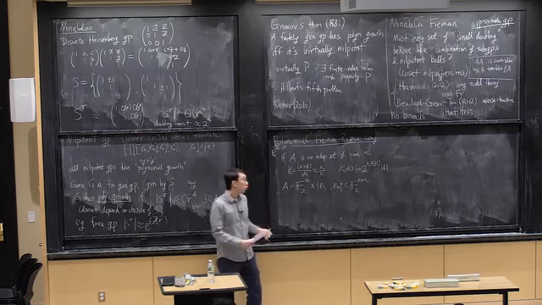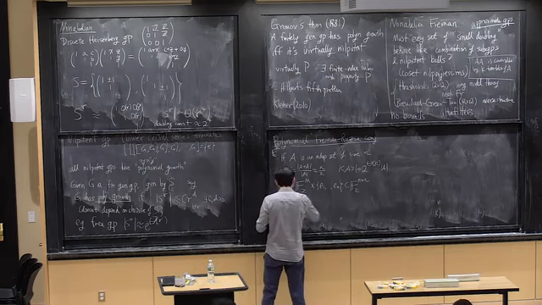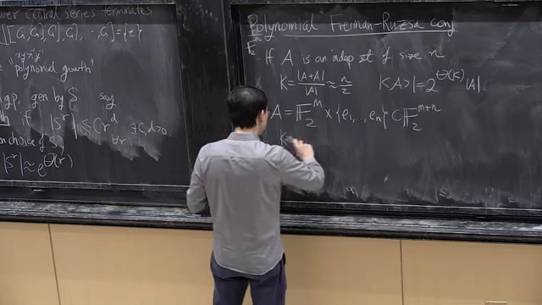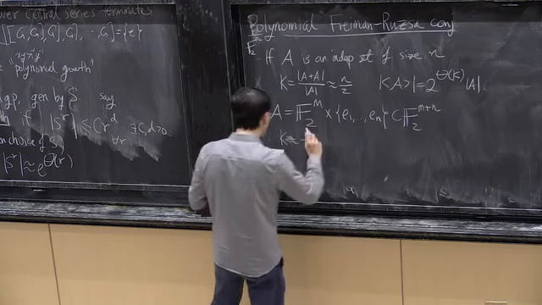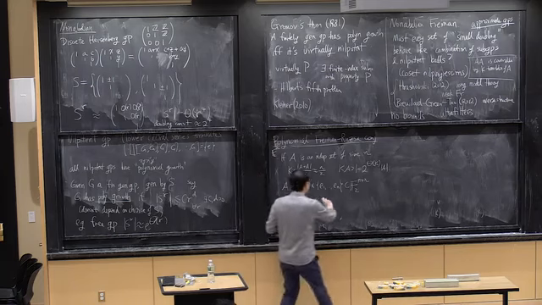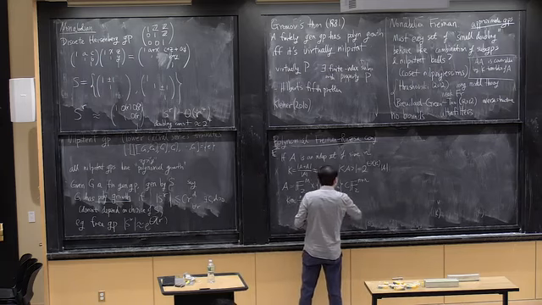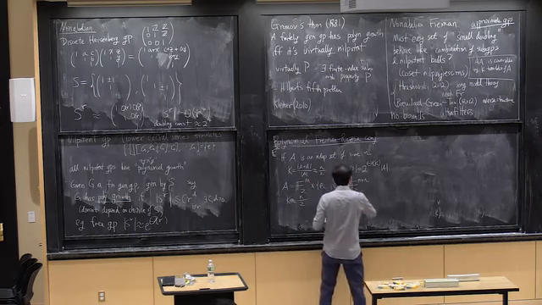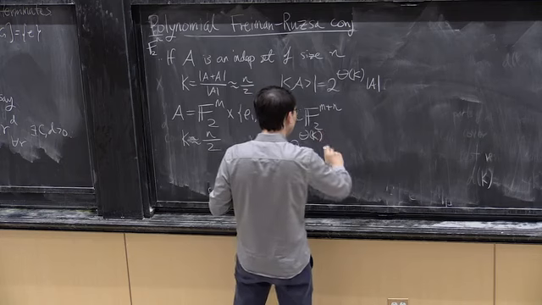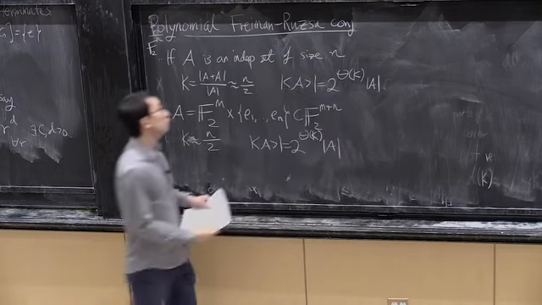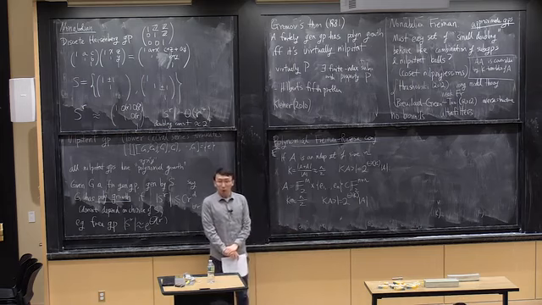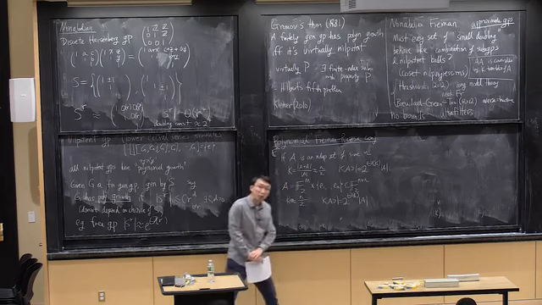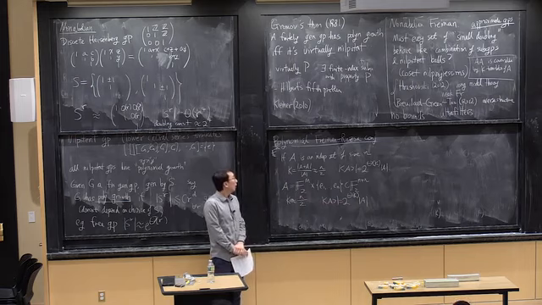Here, the doubling constant is still the same as before. And yet, we see that the subgroup generated by A still has this exponential blow-up in this constant, exponential in the doubling constant.